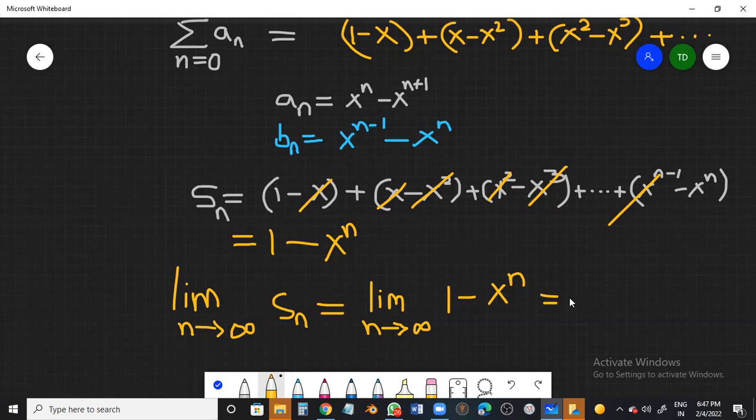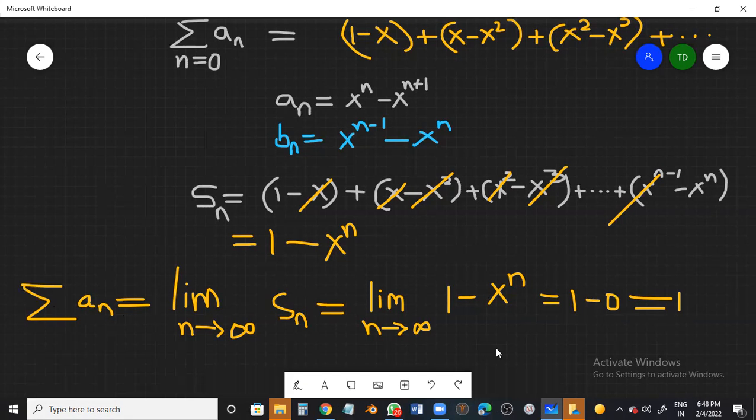Means I want this to be 1 minus 0. Then only the limit will be 1, a finite value. Means the series, either you call it an or bn, its limit will be 1. But when is it possible? What should be that x?